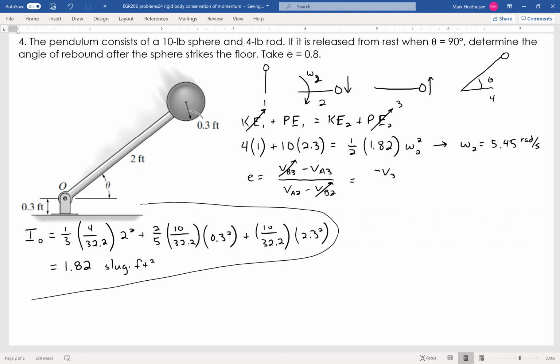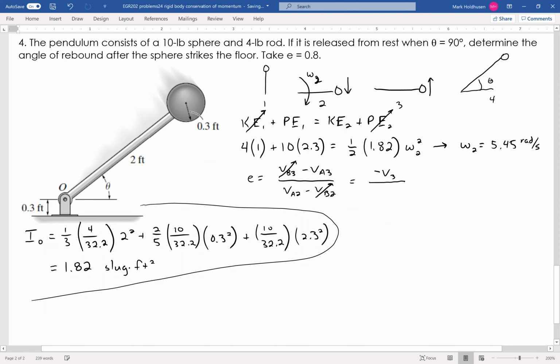So the velocity of the sphere at 3 is divided by the velocity going in. We have omega, but again, it's at 2.3 feet away. So that velocity coming in is 2.3 times the omega, which is 5.45. Again, because I know omega, I can find that v.